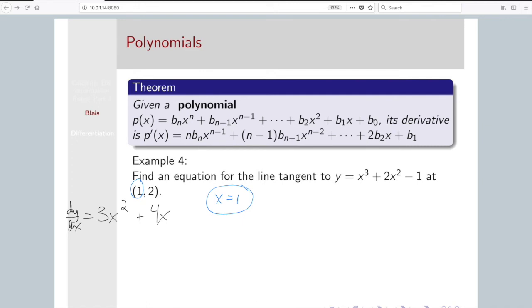So dy/dx, and this is the notation we'll often use, when x equals 1, we just plug in x equals 1 to our expression here, and we get 3 times 1 squared plus 4 times 1, or 7.